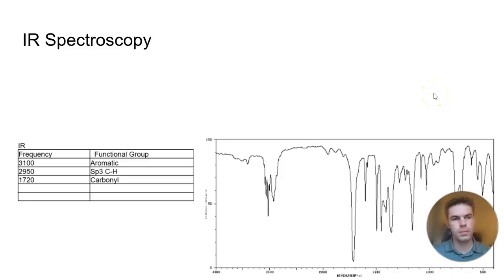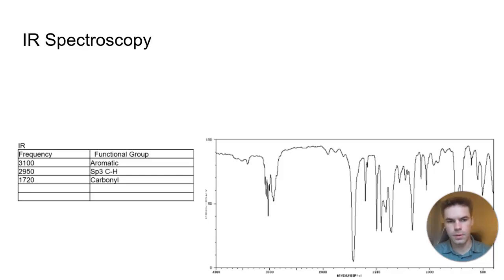So starting out, we're looking at the IR spectroscopy, and right away I noticed the 1720 approximate frequency, which indicates the existence of a carbonyl group.